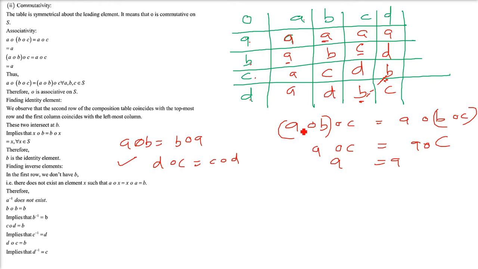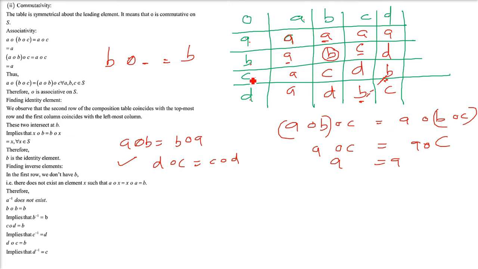Now you see what the identity element is. See the row or column. Identity means when we operate any value with this identity element, that value should come back. So if you operate this B with any element, B should come.